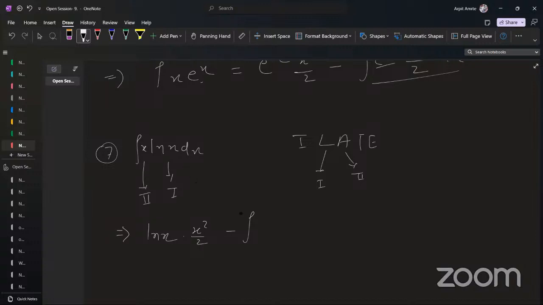So what will be the differentiation of ln x? d by dx of ln x is what? 1 by x. So it will be 1 by x into the integration of the second function, which is the same thing, x square by 2 dx. So it will cancel out. So what you will get? You will get x square by 2 ln x minus 1 by 2 integration of x dx.